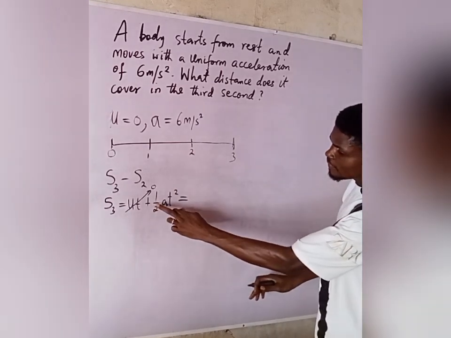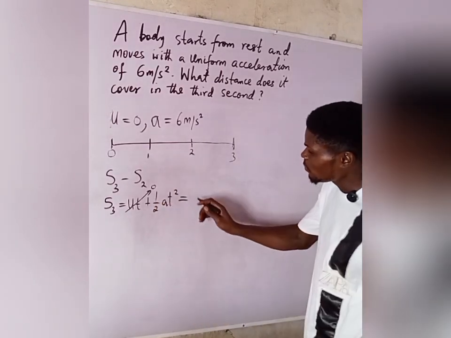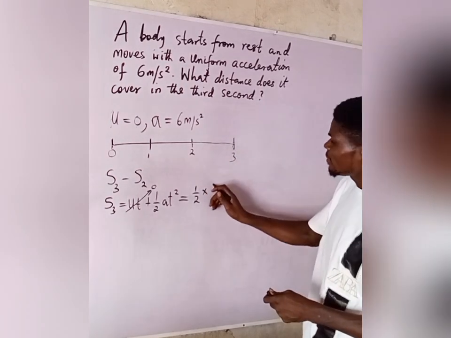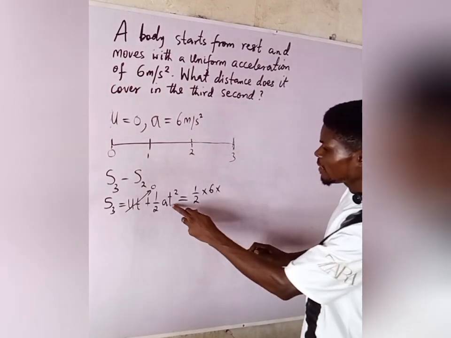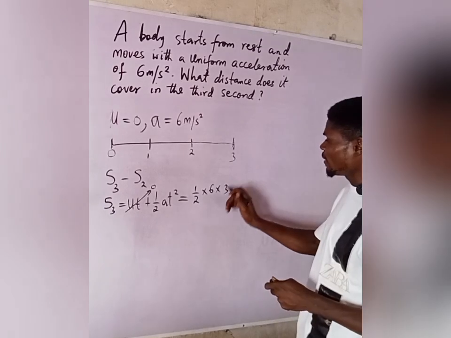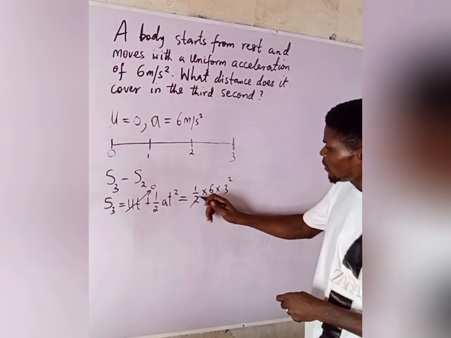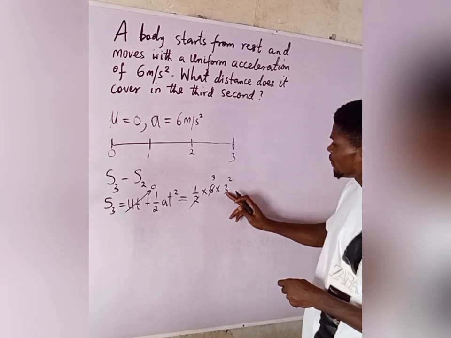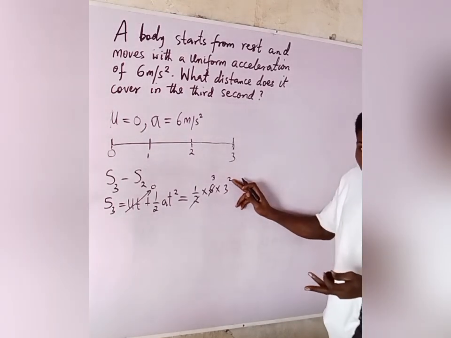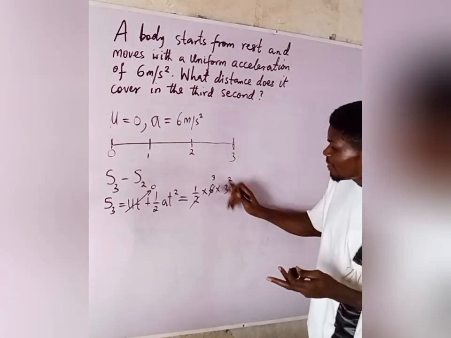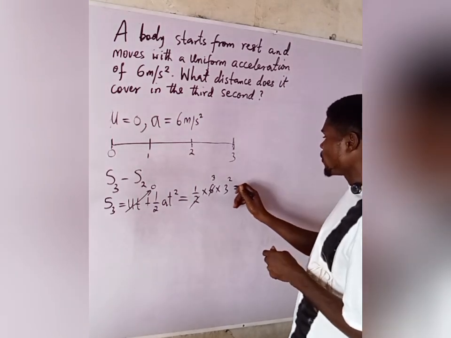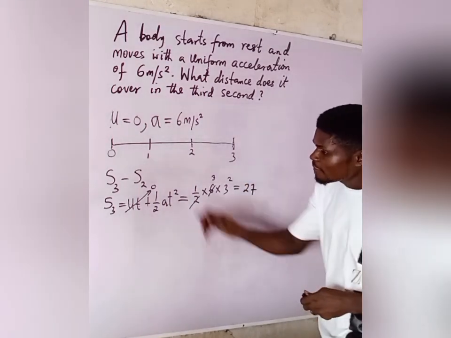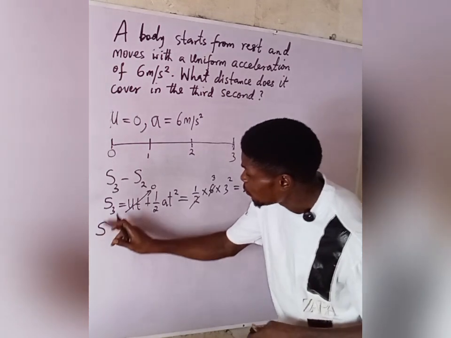What we have left is half at squared, which is equal to half times a, which is 6, then the t in this case is 3, so we have 3 squared. We can cancel out. This cancels, we have 3. 3 squared is 9. 9 times 3 is 27. So S3 is 27. We have found S3.